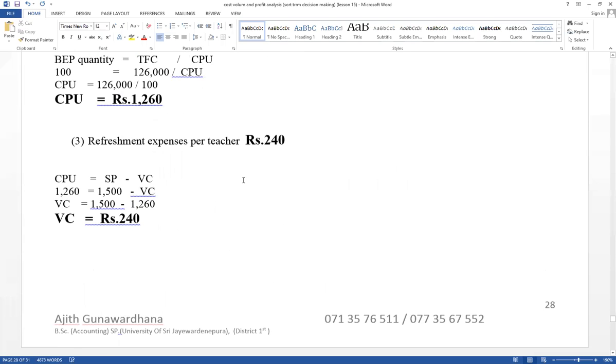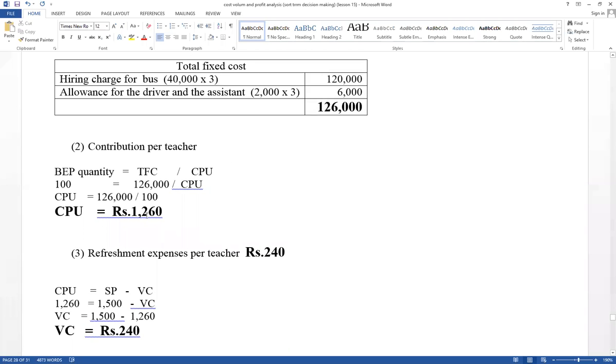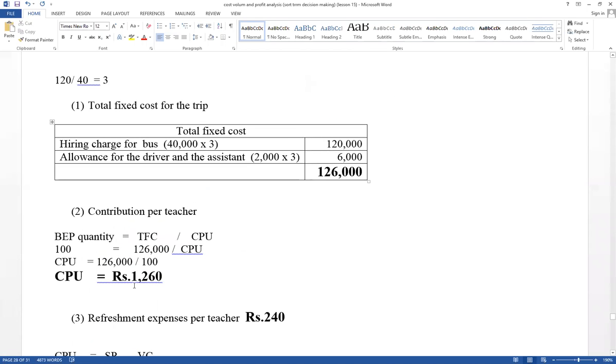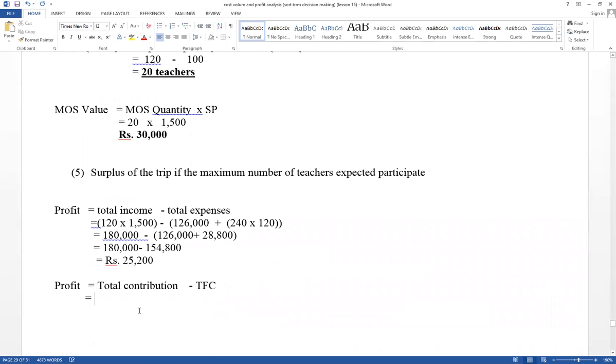Contribution per unit calculated is 1260, and total fixed cost equals 126,000. Contribution per unit into 120, total contribution can be calculated. Then second equation, profit equals total contribution: 1260 into number of teachers 120, minus total fixed cost equals 126,000.